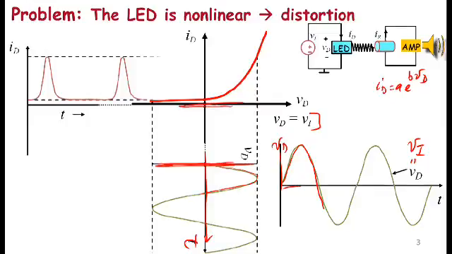Then what I do is look at the output. Let me go ahead and place ID out there, and my claim is that ID is going to look like this. Note that this ID looks completely different from Vd, and I'll show you in a second why that is so.